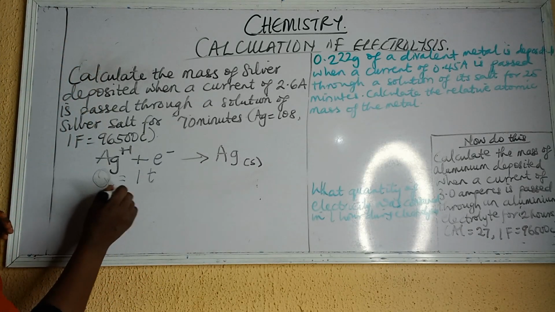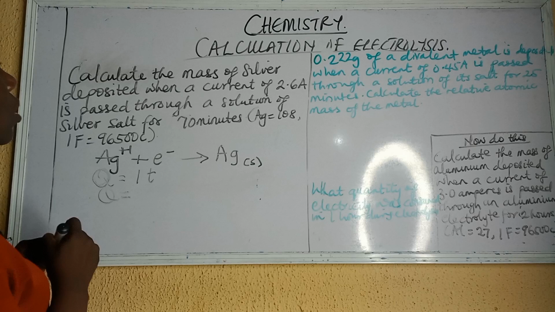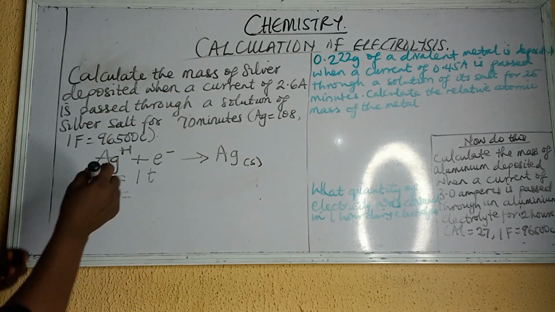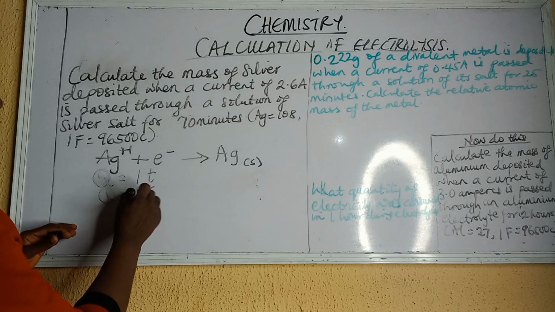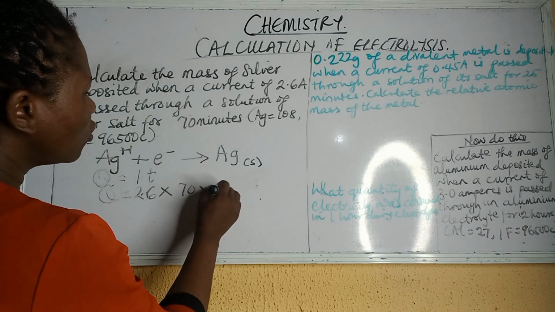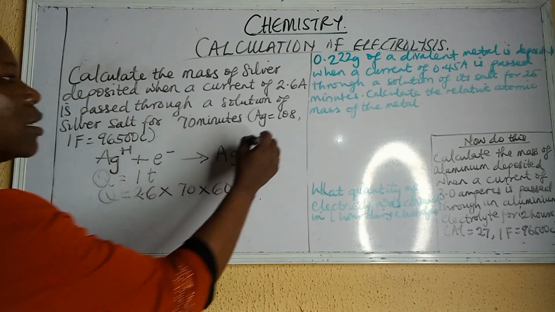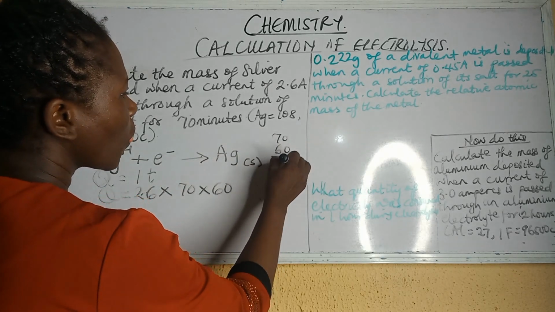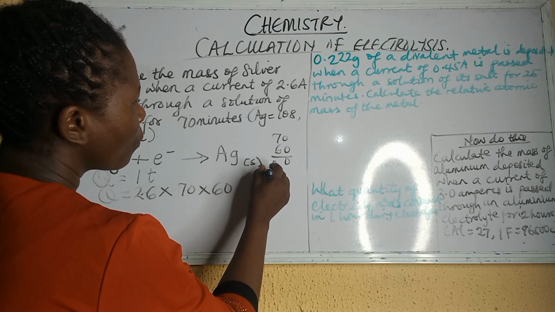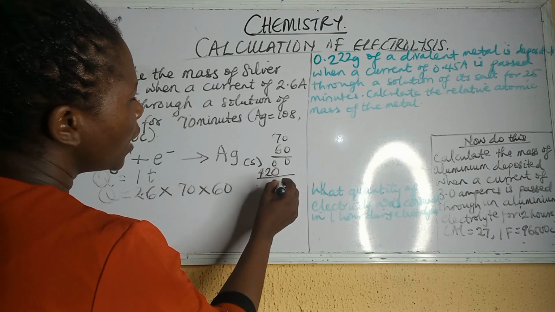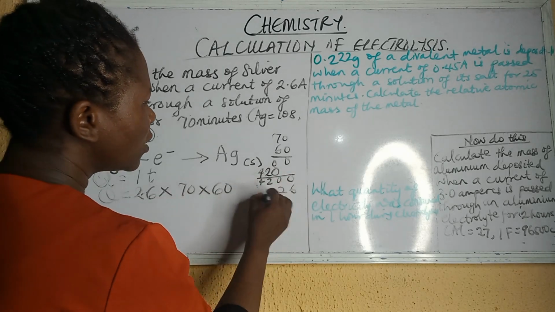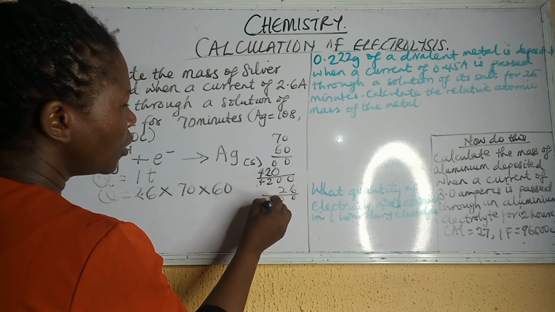So let's calculate the quantity of electricity that will yield the mass of silver. We have 2.6 amperes multiplied by 70 minutes. The 70 minutes will be converted to seconds, so 70 multiplied by 60, that is 4,200, multiplied by 2.6.